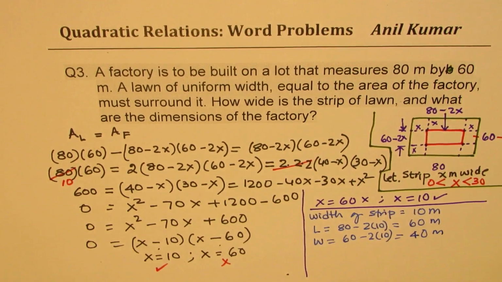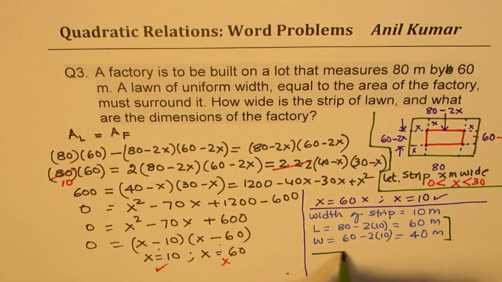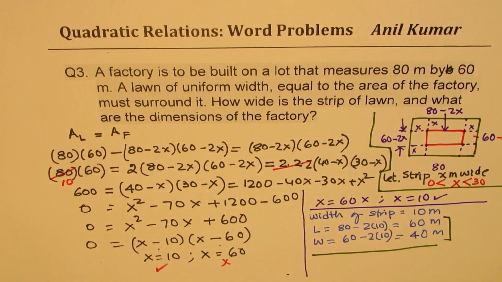So those are the dimensions. So our answer is width is 10 meters and the dimensions are 60 by 40 meters. Is that clear? So that is how you can answer questions based on geometrical figures where areas are involved.